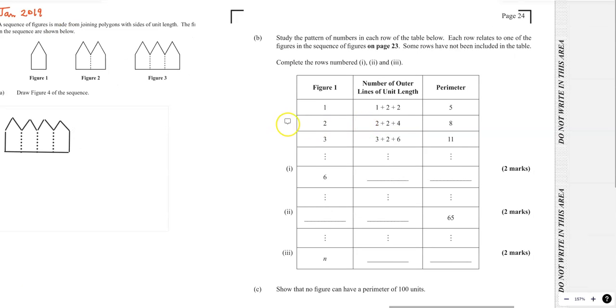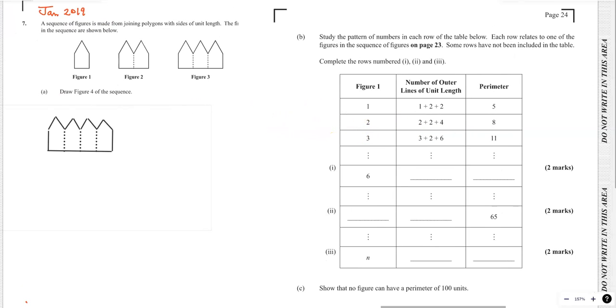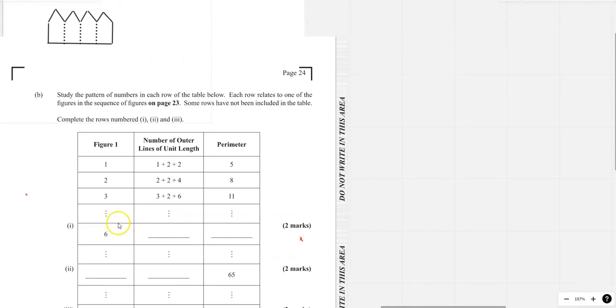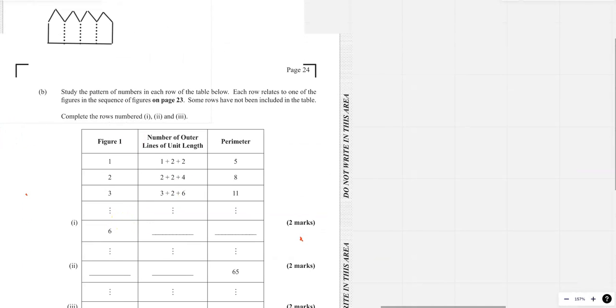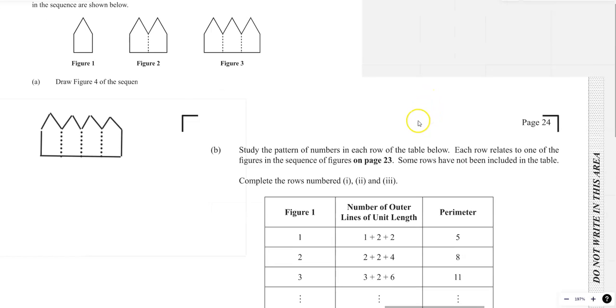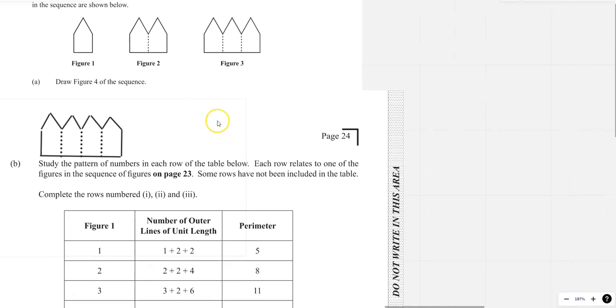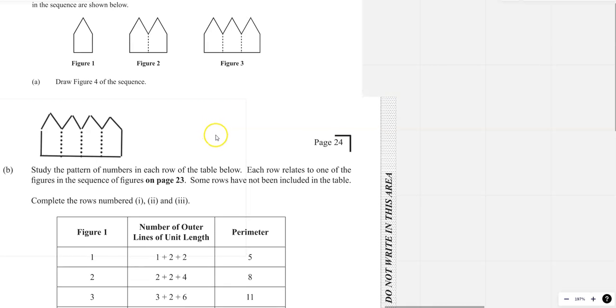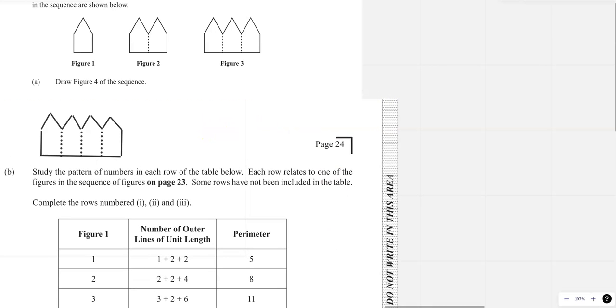So let's make this a little bigger. Let's examine our table and use the information to fill it out. Each row represents a figure and some number patterns.